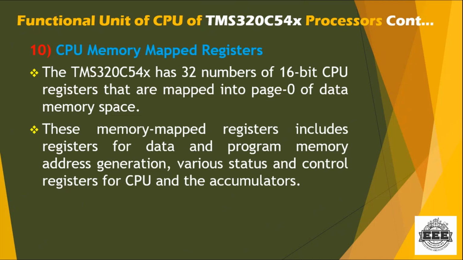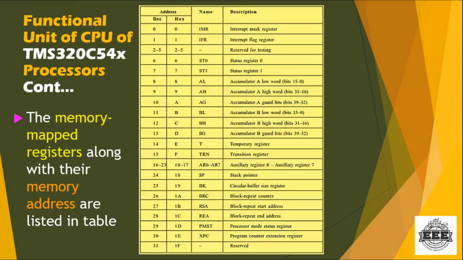These memory map registers include registers of data and program memory, address generation, various status and control registers of the CPU, and then the accumulator. So now we are going to see the memory mapped registers along with the memory addresses which have been listed in this table, that is from 0 to 31.